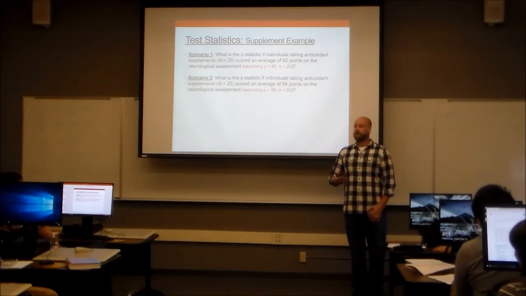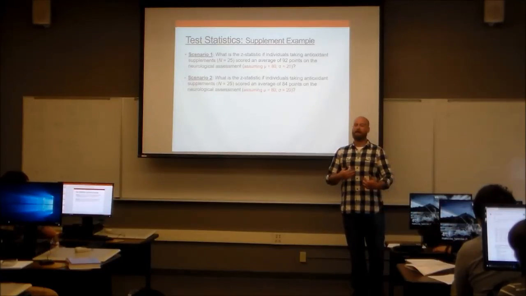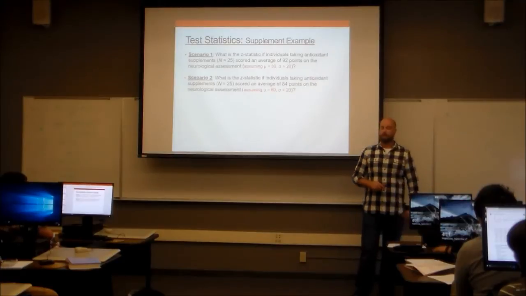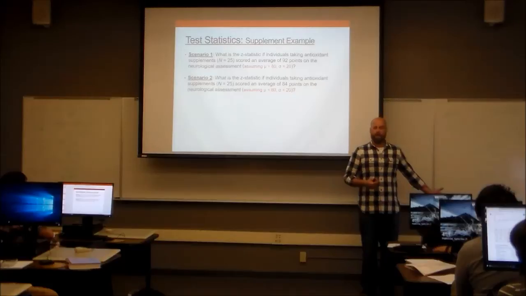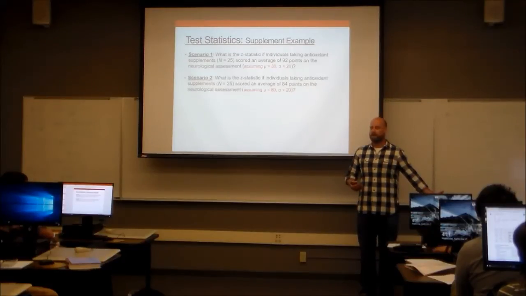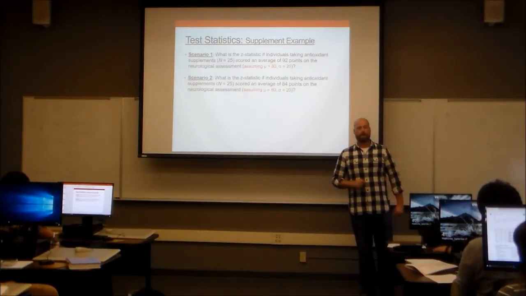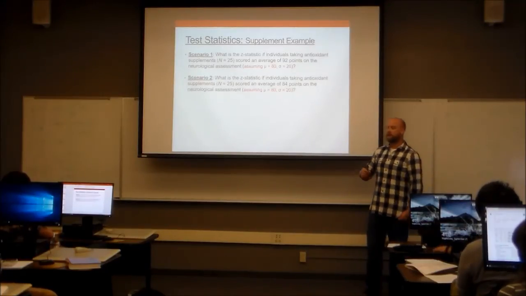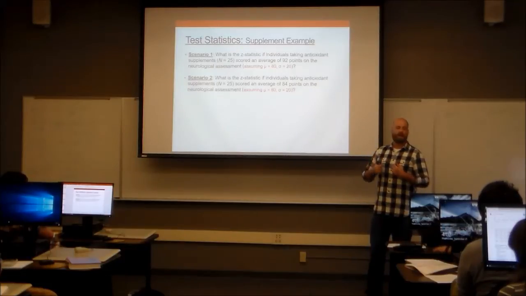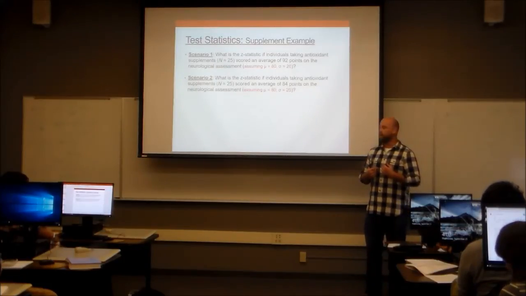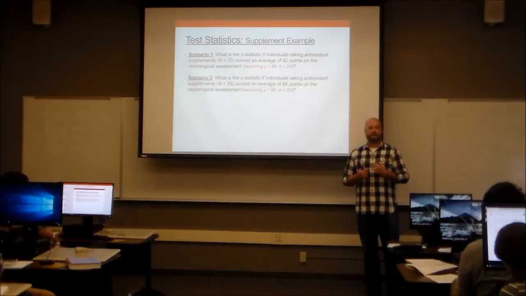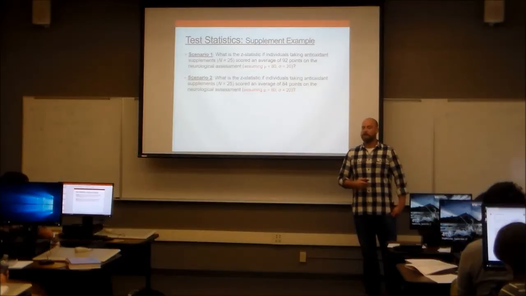In scenario 2, we still found an increase, but that increase wasn't sufficiently higher than what we would expect based on our margin of error. Actually, it was exactly our margin of error. So what we found in scenario 2 was exactly what we would expect across random replications, and so we fail to reject the null hypothesis and say that we just don't have enough evidence to make a determination on whether or not antioxidant supplements increase or decrease cognitive functioning in a sample of older adults.